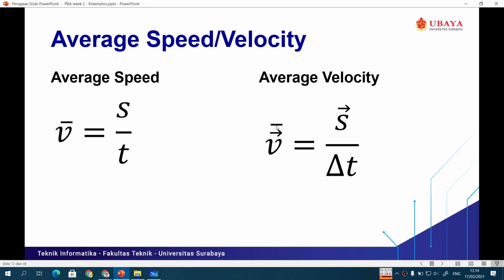The straight line denotes the average. The average velocity is defined as the displacement over time. So average speed is distance over time. Average velocity is displacement over time. That's why the s here is a vector as well.